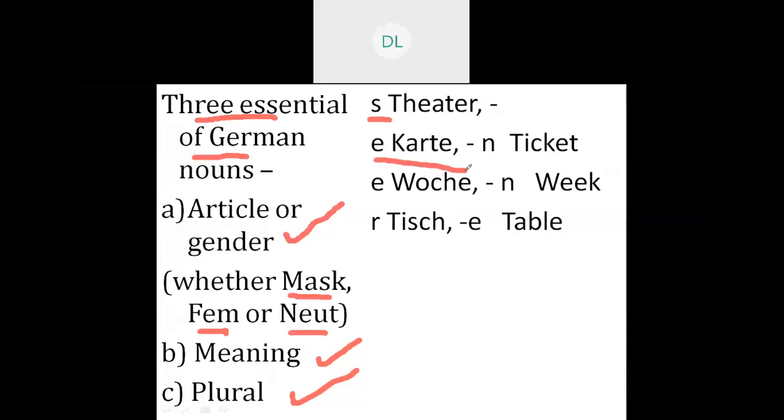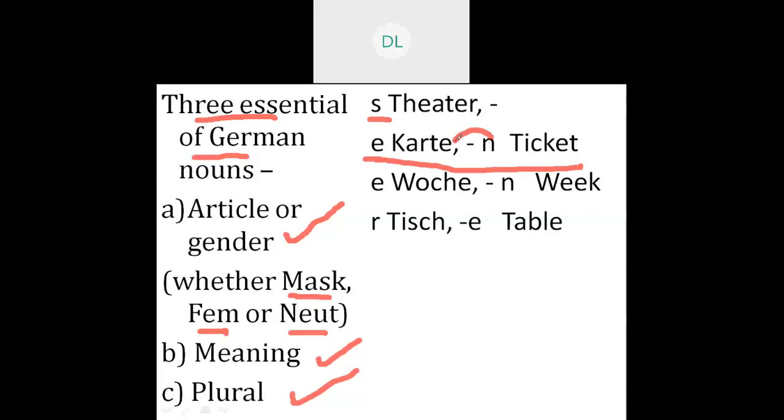Second one, there is another structure given to you. The word is Karte. Karte means ticket. The first thing I got is the meaning. Second, what does this E denote? This E denotes that your noun is feminine. The third one, when I remove this comma and dash and add this n, it will be Karten, that will be your plural.